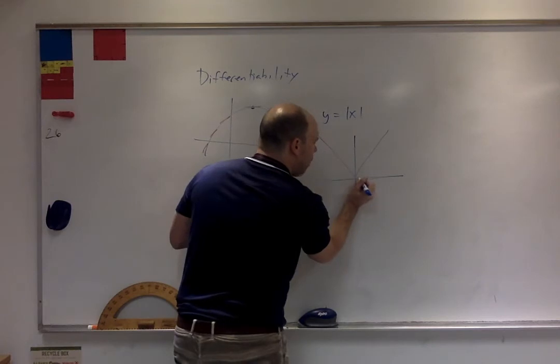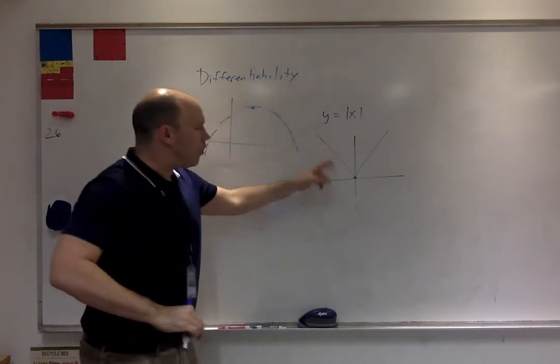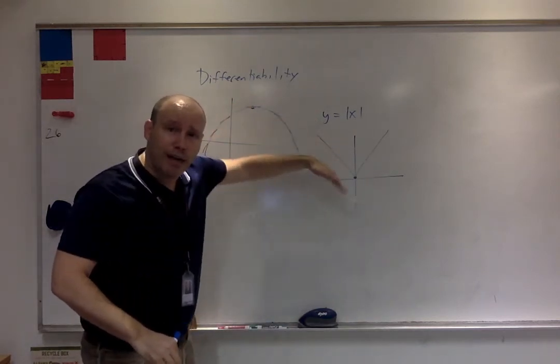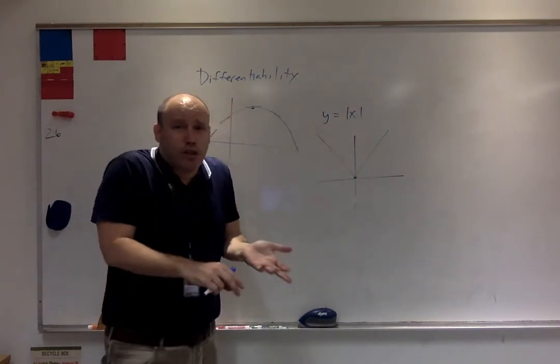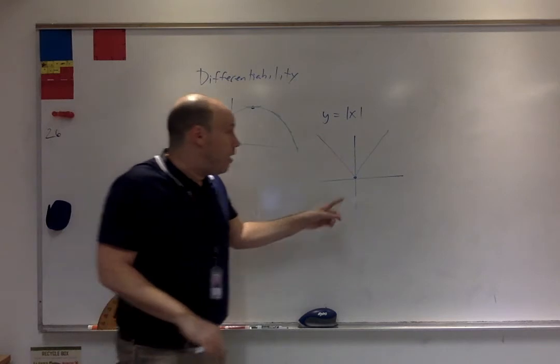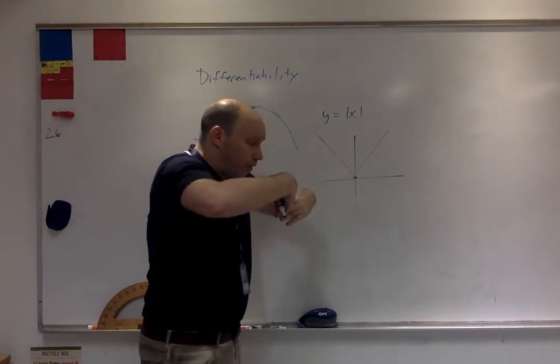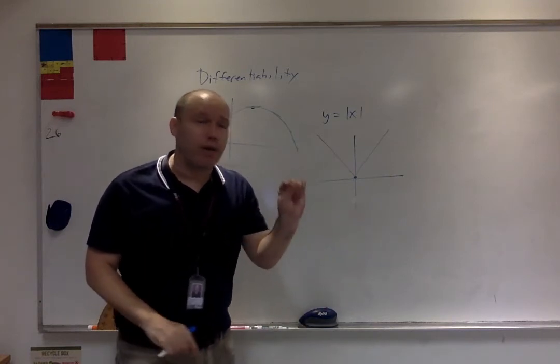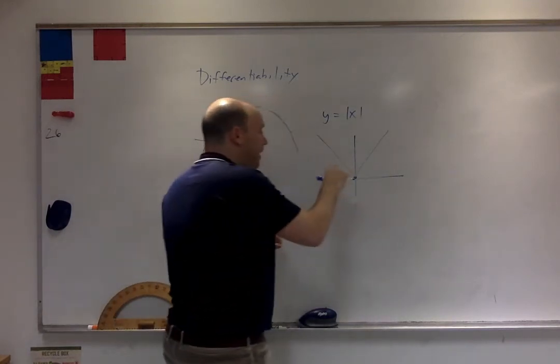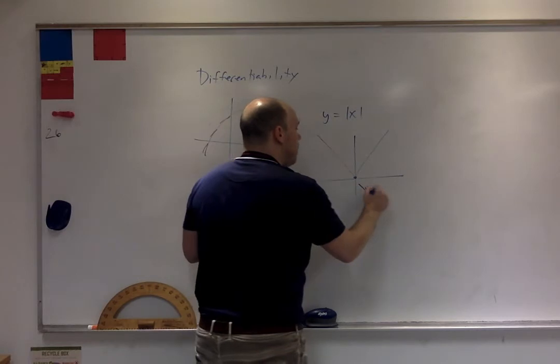What surfboard do I use? The red, which has a slope of -1, or green, whose surfboards have a slope of 1? Well, because there's two different ones, it's not differentiable. It may be continuous, but it's not differentiable.